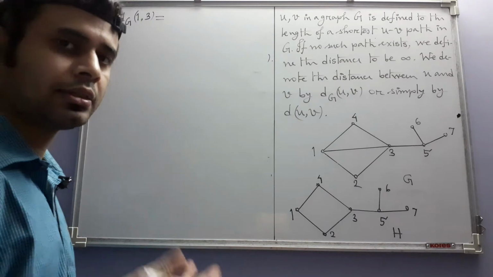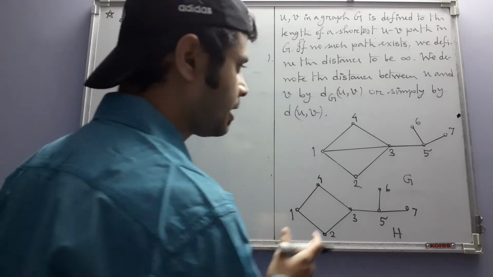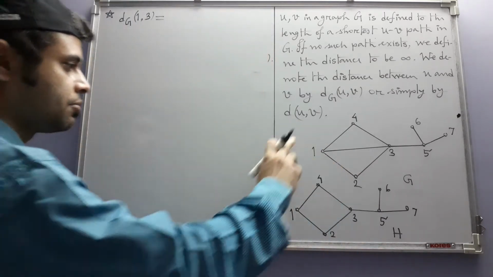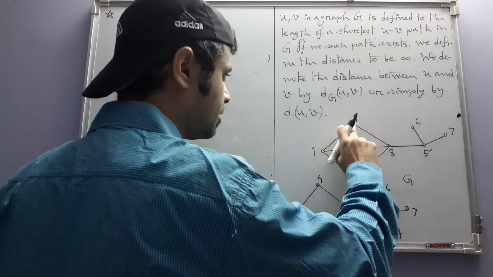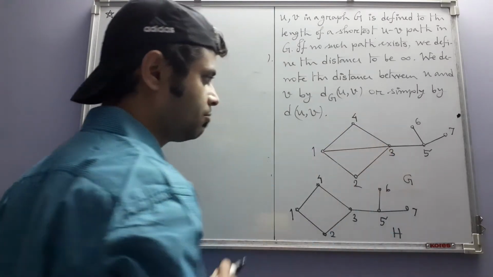There are a number of such paths. One of them goes from 1 to 4 and then from 4 to 3.